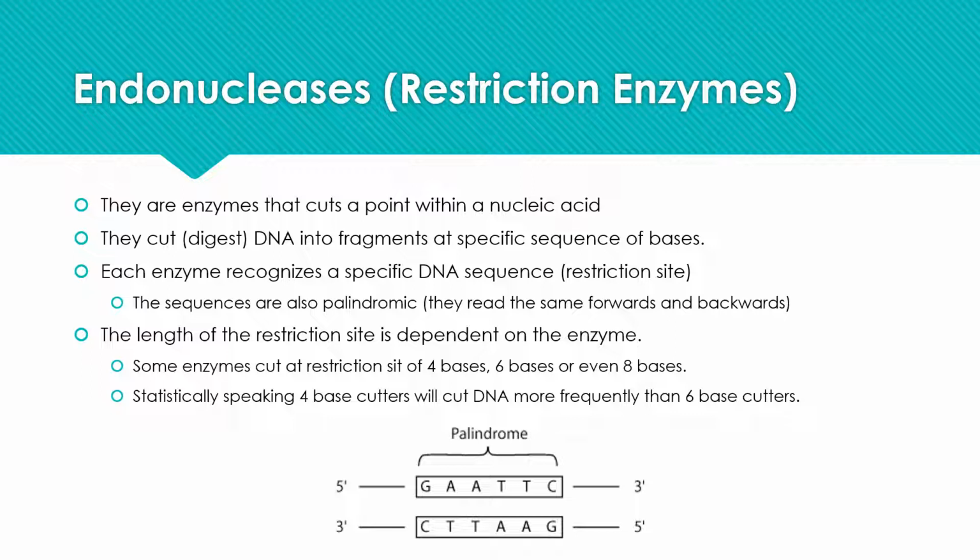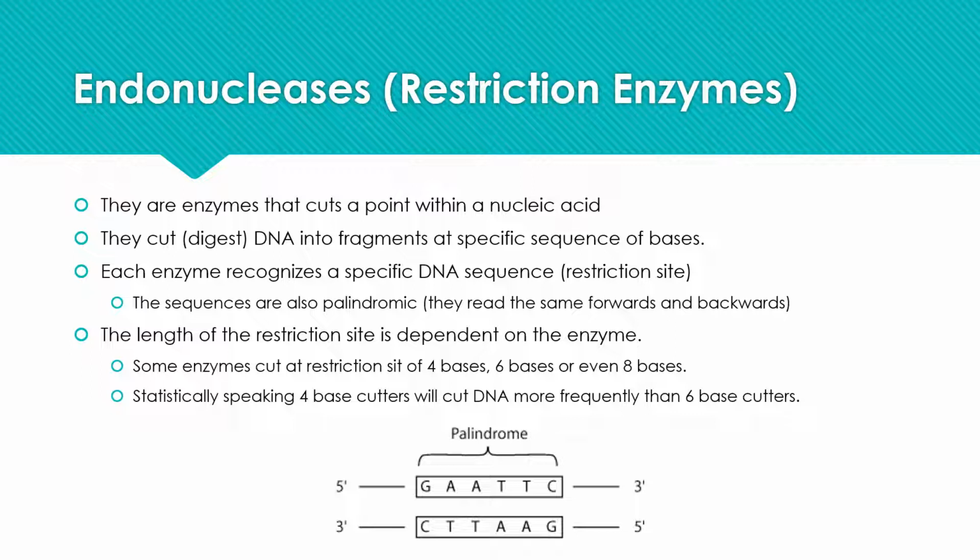What you find is the sequence you're looking for is also palindromic, so it is read the same forwards and backwards. Now, the restriction site isn't always going to be the same length. It actually varies based on the enzyme. So some enzymes will have a restriction site that's 4, some will be 6, or some will be 8 bases long. It varies exactly how long that restriction site is, just based on the enzyme.